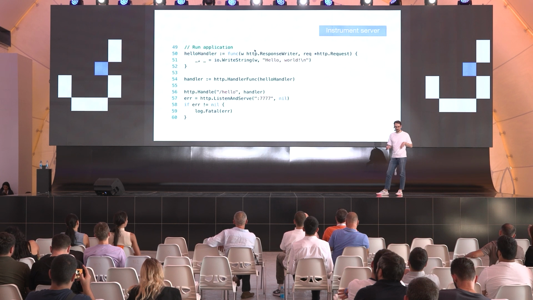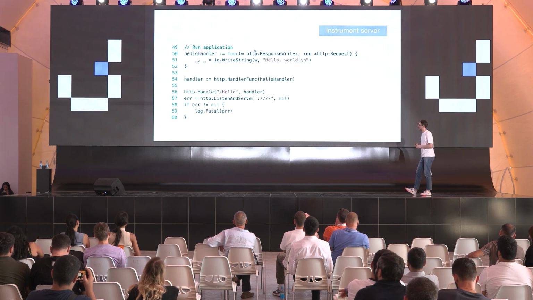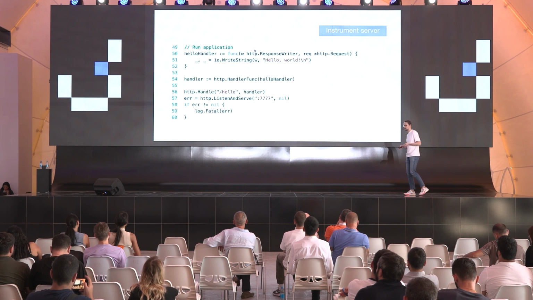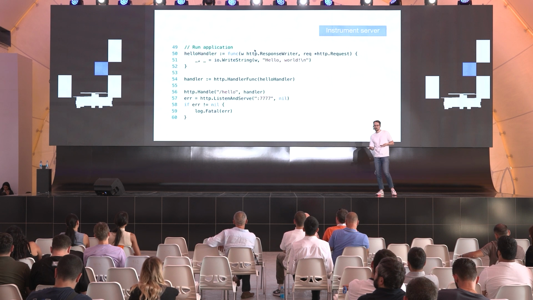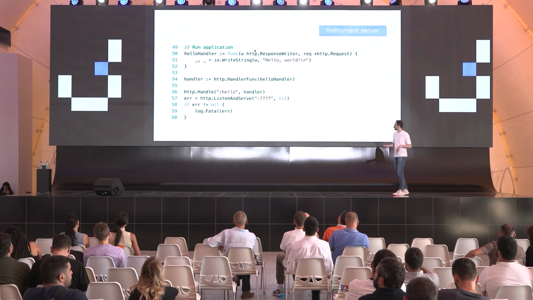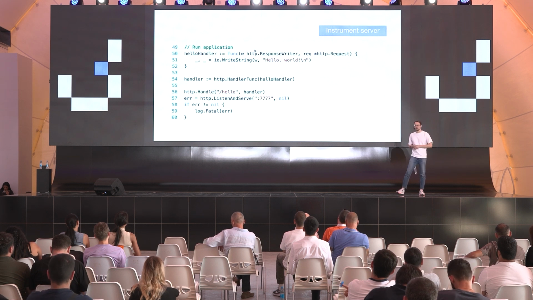Okay, in order to do that, we are going to use an instrumentation library. So how is it done? Let's suppose that our HTTP server is written using the package from the standard library, net/http. So there is a handler, and the server that is listening using that handler.